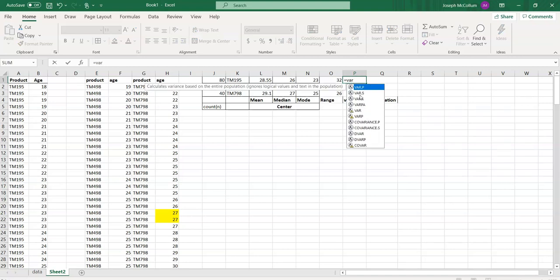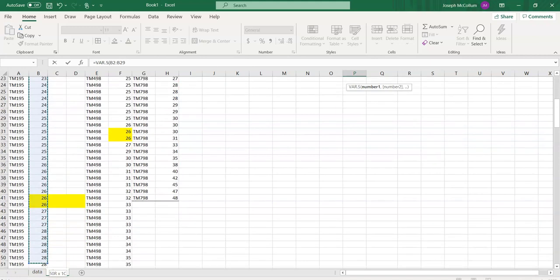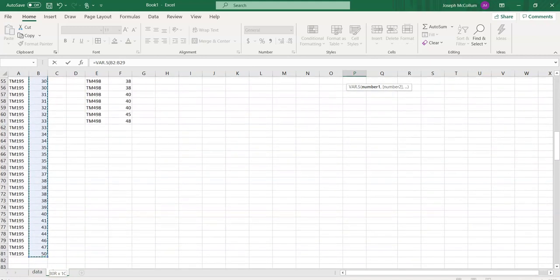You've got to read, because there's a bunch of types of variance. There's a variance if you believe you have the population. That means you collected all the data. There's also a variance formula if you have a sample. Most of the time, we are going to work with samples. How do you know if you have a population? Read carefully. If you're the one doing the study, then you'll know if you've collected the data on every single possible person in your study.